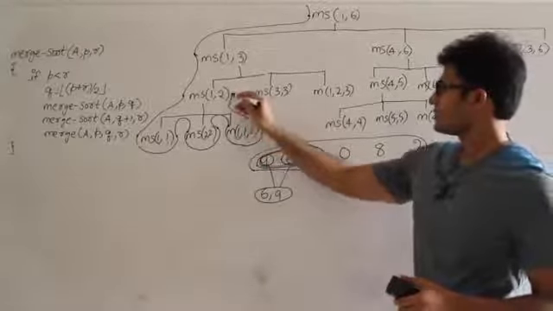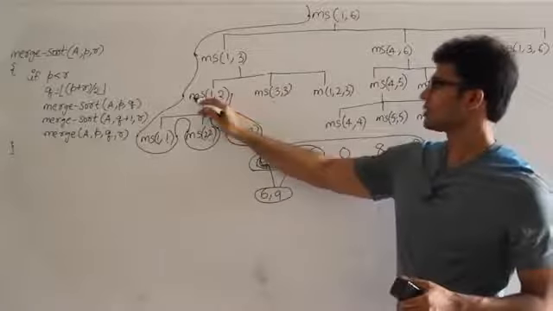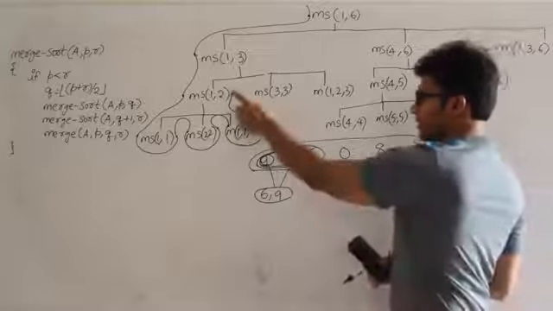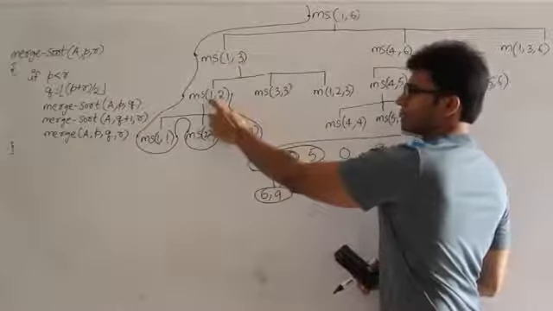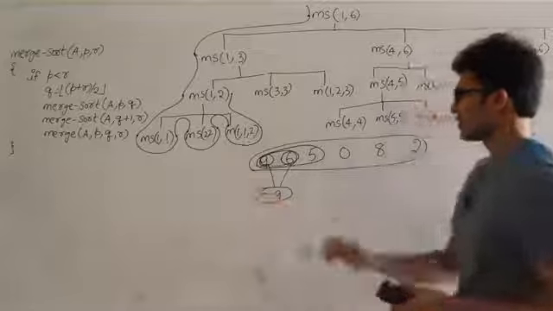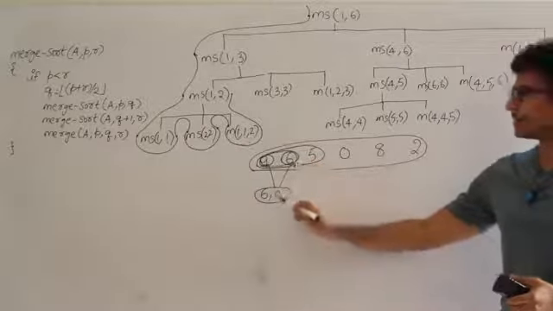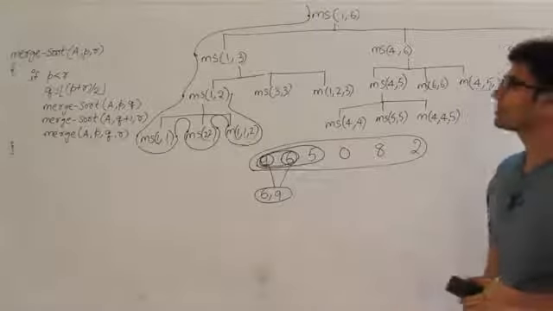And this is the last time I am going to visit merge sort of 1, 2, which means by the time I reach here, the array from 1 to 2 is already sorted. The array from 1 to 2, which was containing 9, 6 elements, is now sorted as 6, 9. That is the meaning of it.